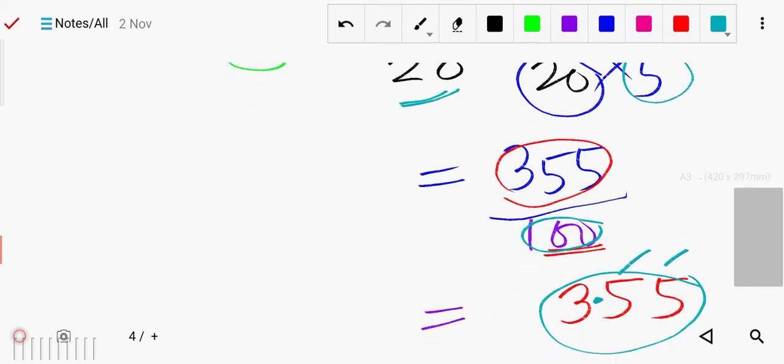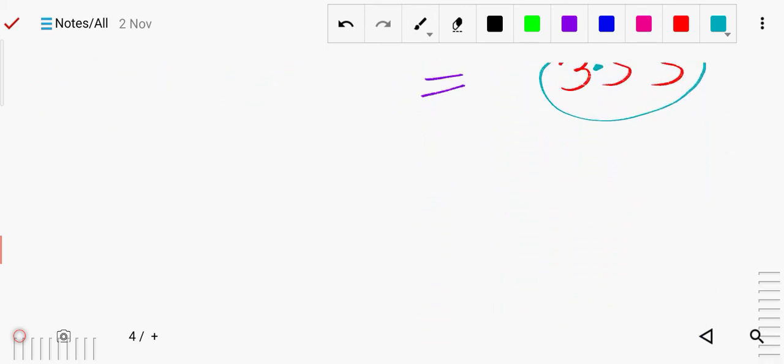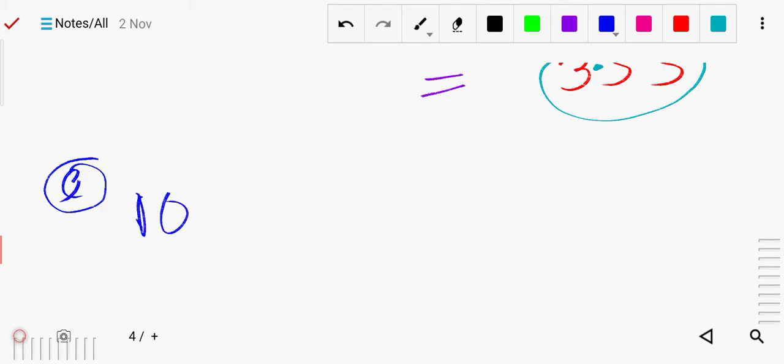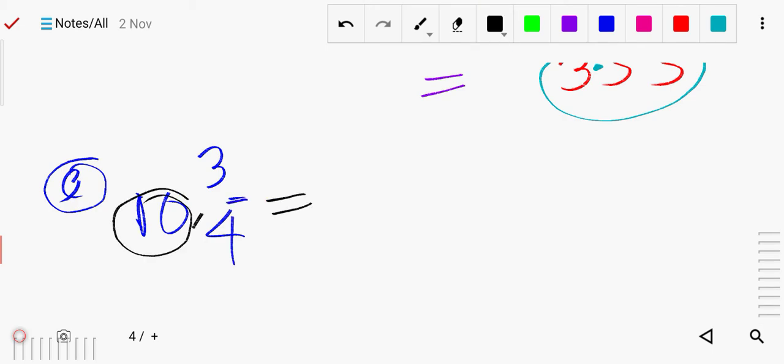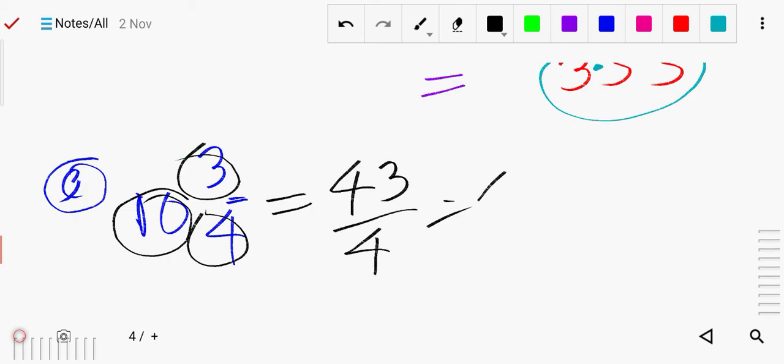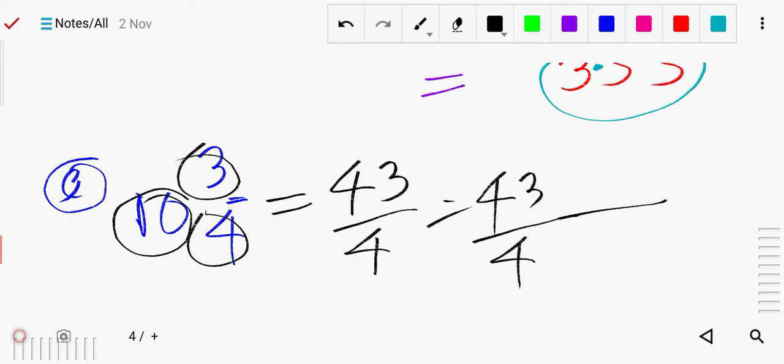Okay, now the next question, number E. Number E is 10 and 3 by 4. So again 10 into 4 is 40, 40 plus 3 is 43. So write 43 by 4. Now for this 43 by 4, we have to make the denominator 10 or 100.